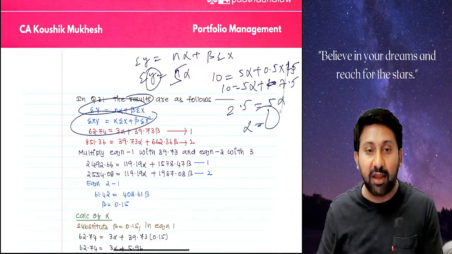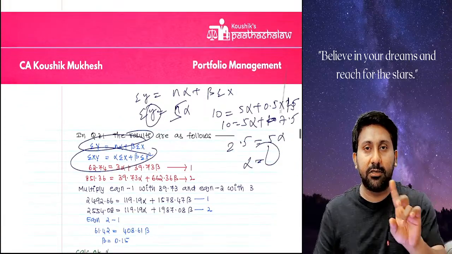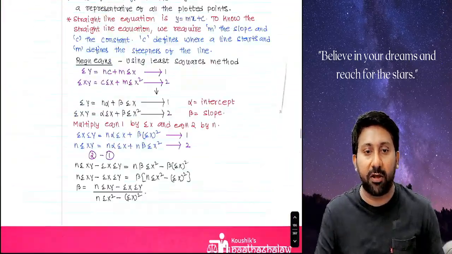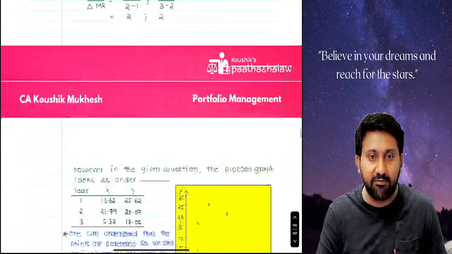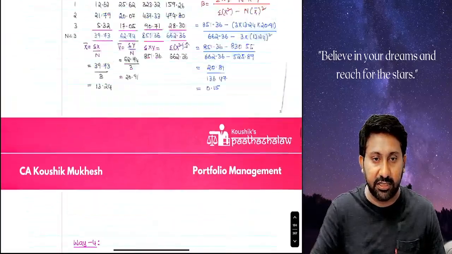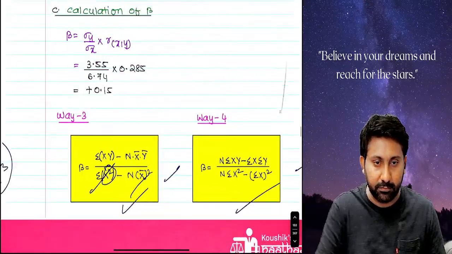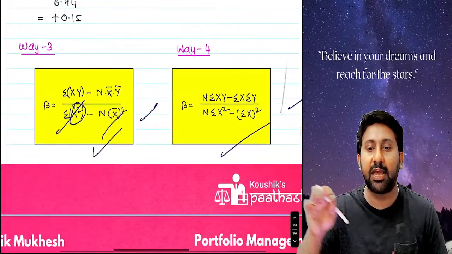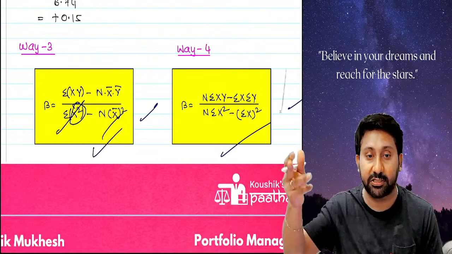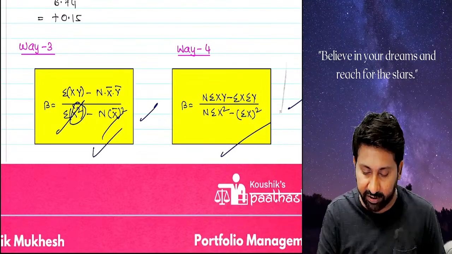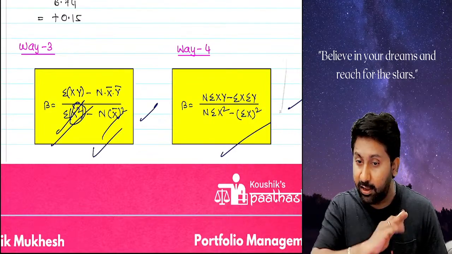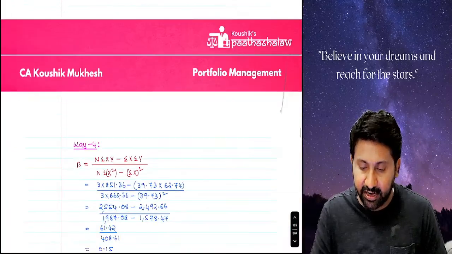Okay. Why is alpha required? First, step 1, beta. What is the formula for beta? See here, I just said, see this formula. Sigma xy minus n x bar y bar whole divided by sigma x square minus n x bar the whole square. First we calculate beta. Once beta is calculated, next alpha.